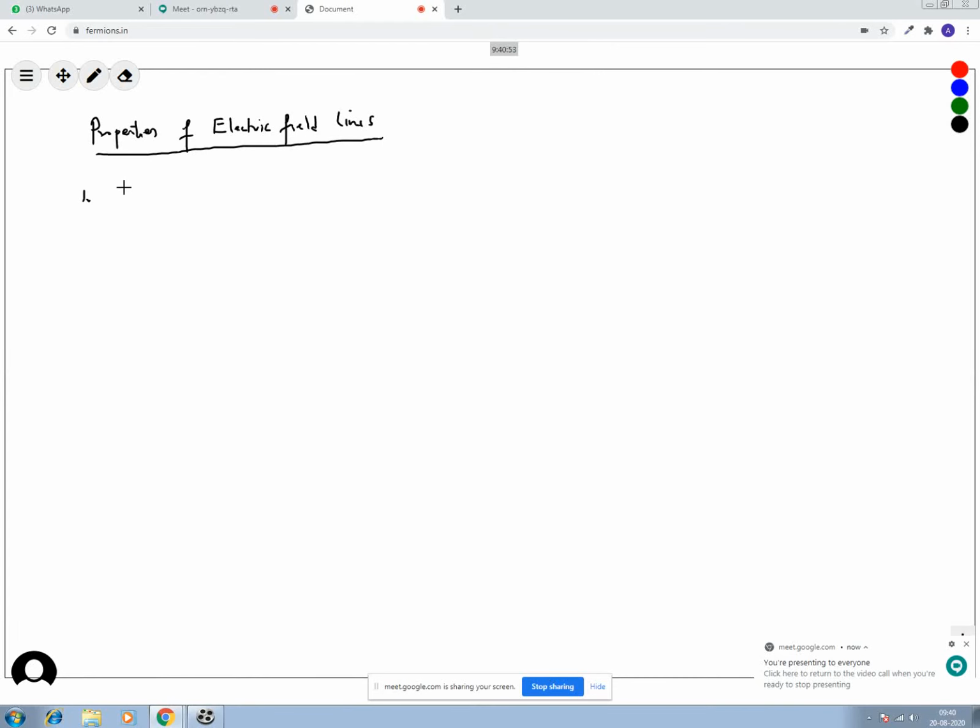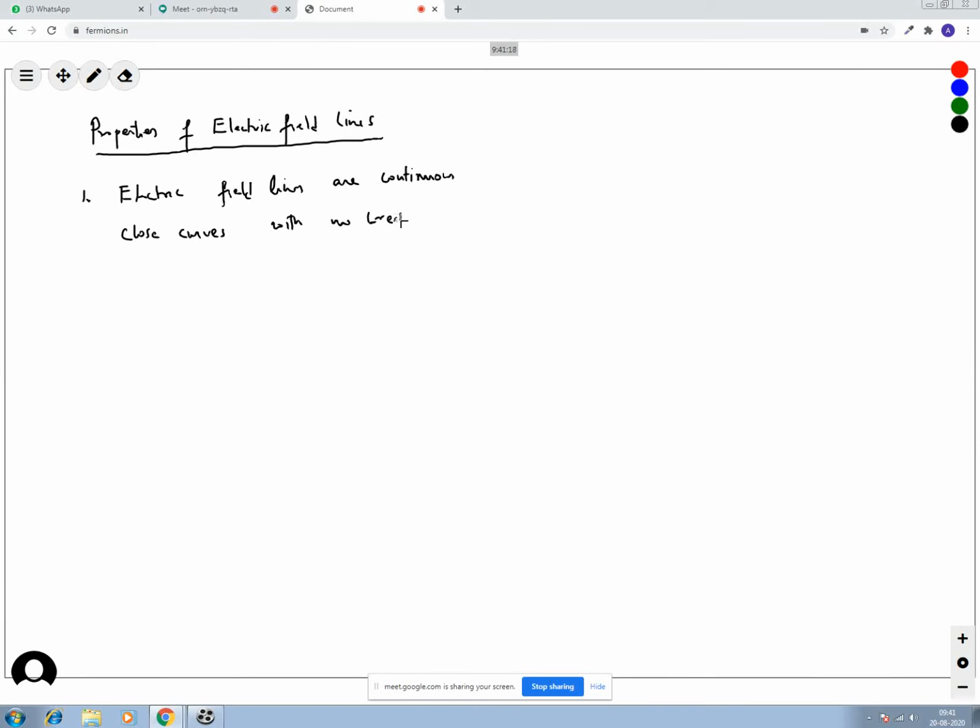Number one, electric field lines are continuous closed curves with no break. So if this is plus and you have a minus, it will be continuous, no break here.